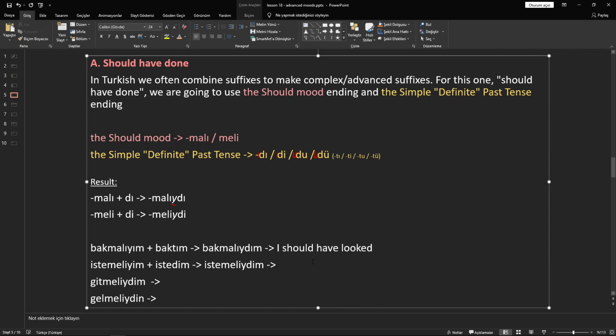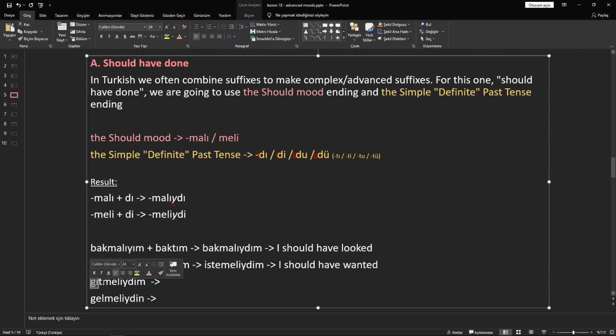What does that one mean? Yes, I should have wanted. It is always the same meaning. The only difference is the verb, like look and now want.